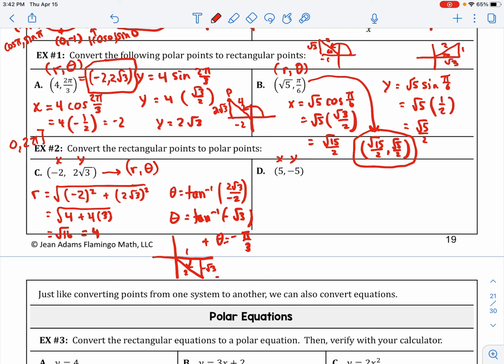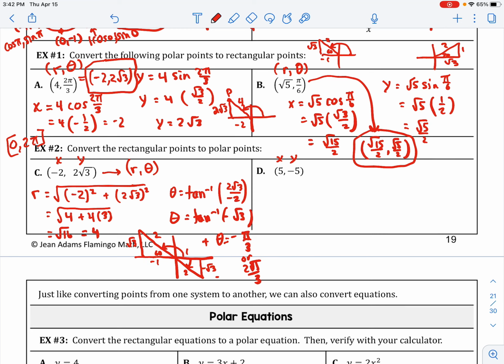But they didn't tell us, but I think they're wanting us to give them a positive form of that. So the positive form of that, we would just look at this right here, and we would give an answer of 2 pi over 3. So this would still be a 60-degree angle. This would be square root of 3.